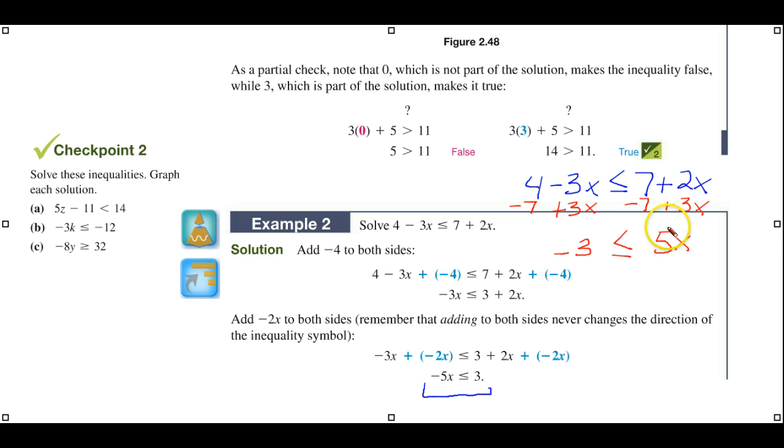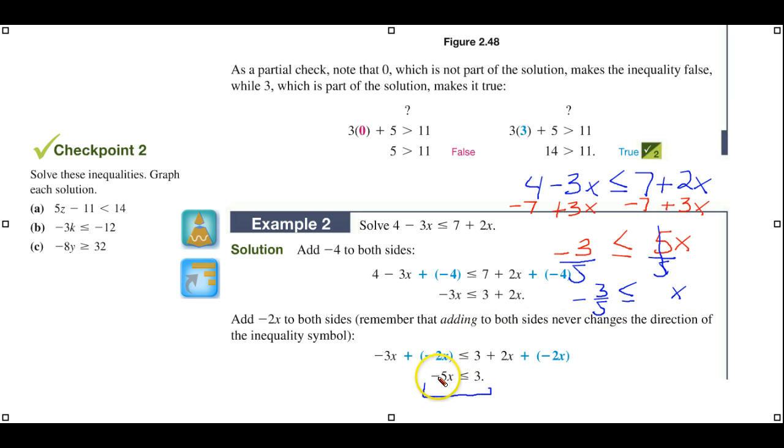So now when you solve for x, a positive x, you're going to divide both sides by 5 here, and you then get x, and then reading it now from right to left, is greater than or equal to a negative 3/5.